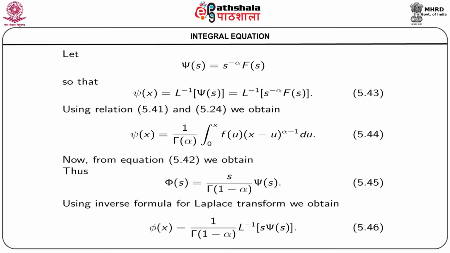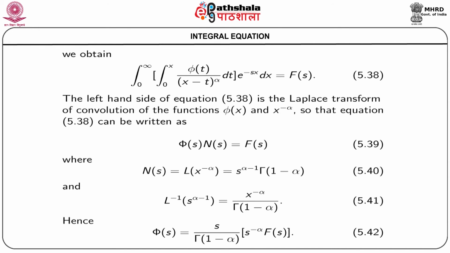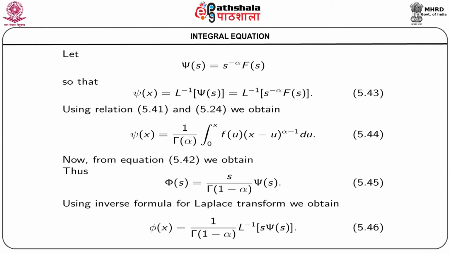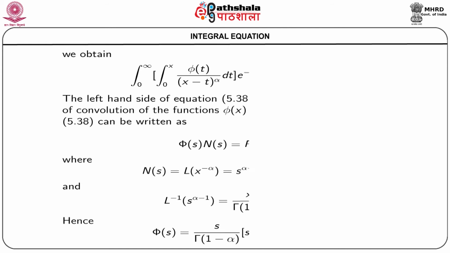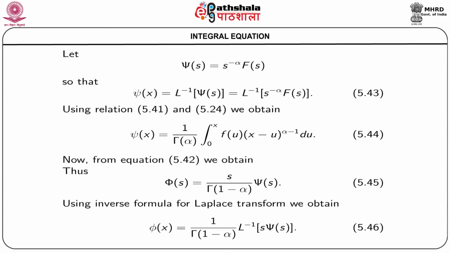Now, see that capital Phi s is written as given in 5.42, which can be written as 5.45, where we have taken s to the power minus alpha into F s as capital Psi s.